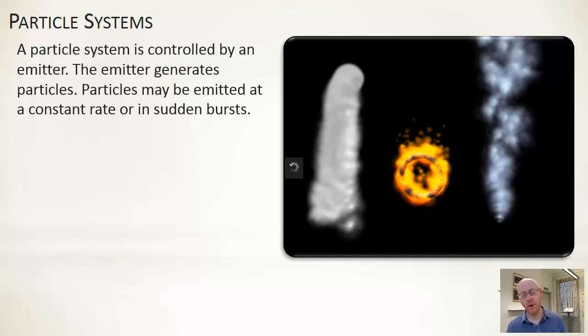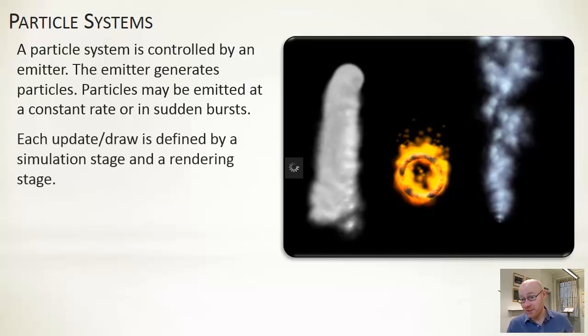It emits particles, and depending upon what you're simulating, you can either emit particles at a constant rate, or a semi-constant rate, or in bursts. So if, for example, it is an explosion, that's a sudden creation of a number of particles that fly out. If it is, for example, billowing smoke, then you have a constant generation of particles over time. So again, it comes down to what type of effect you're looking at simulating.